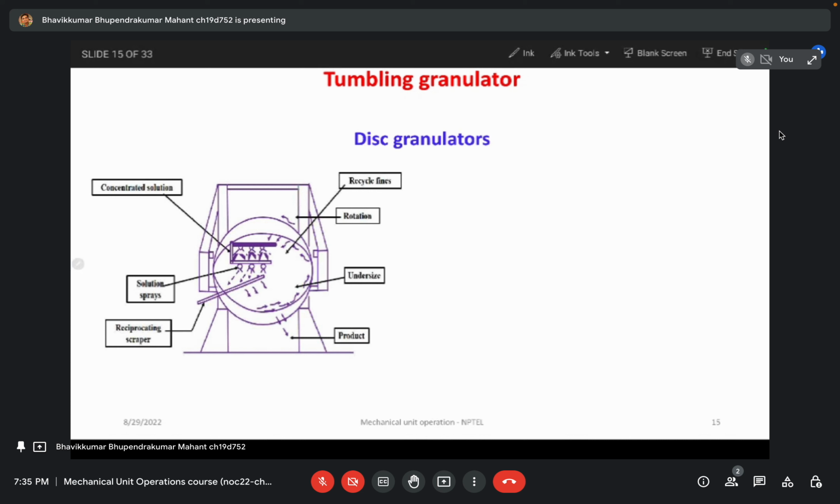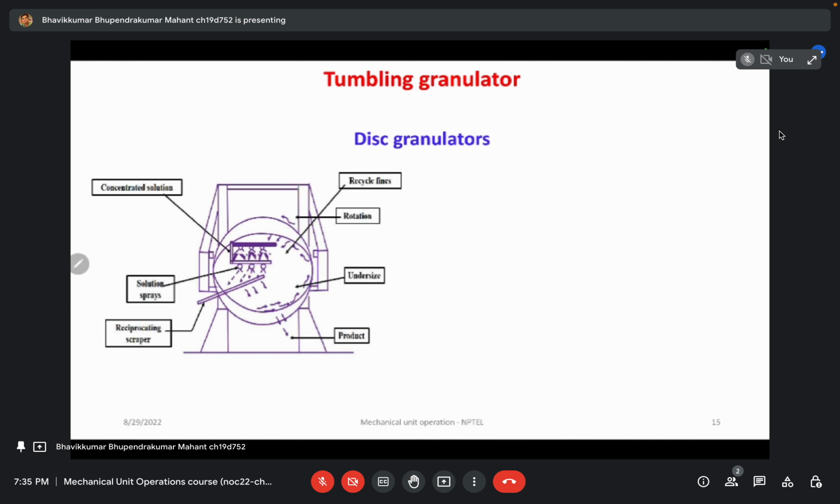Here you can see the recycle; we start from the first. This is the whole particle bed, where there are binding units or solution sprays, and this is a scraper. The scraper controls the size of the particles.